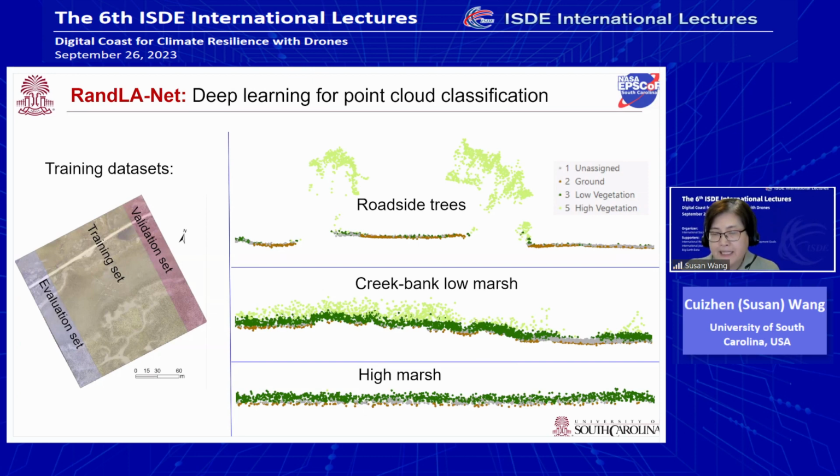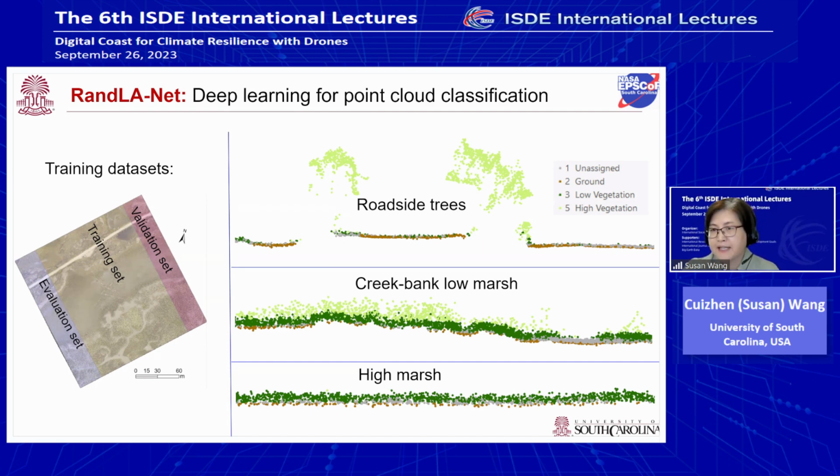Following the ASPRS last classification rule, we collected our training data by visual interpretation of all the points in this training area. So we visually identify each point as ground in the very low end surface, low vegetation, so the points above ground, and high vegetation.